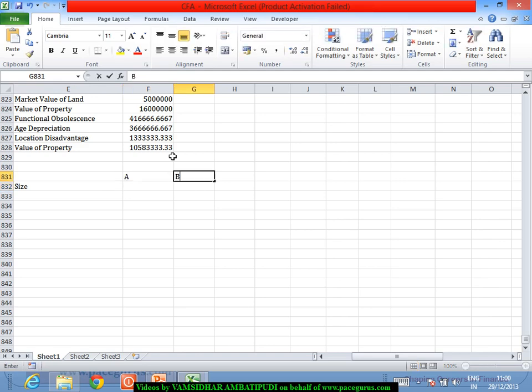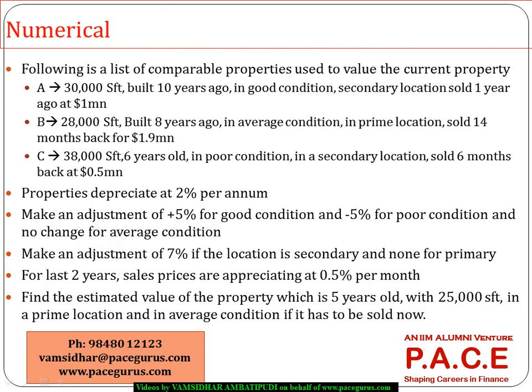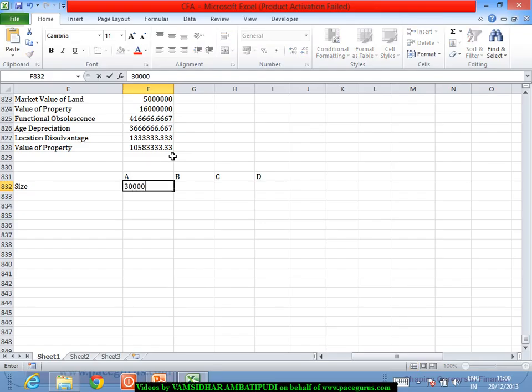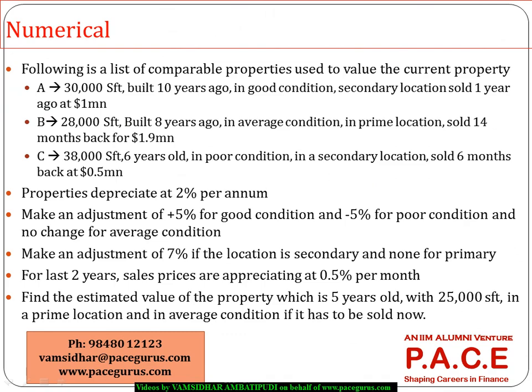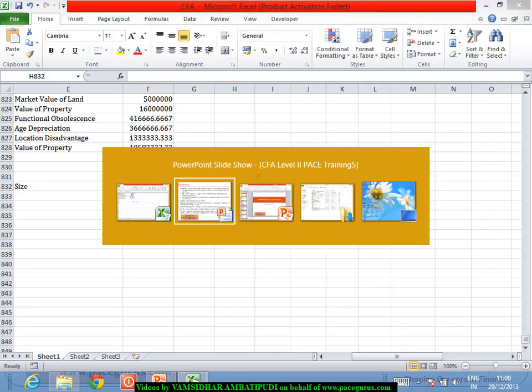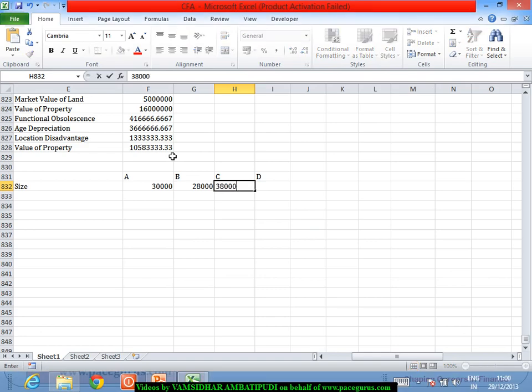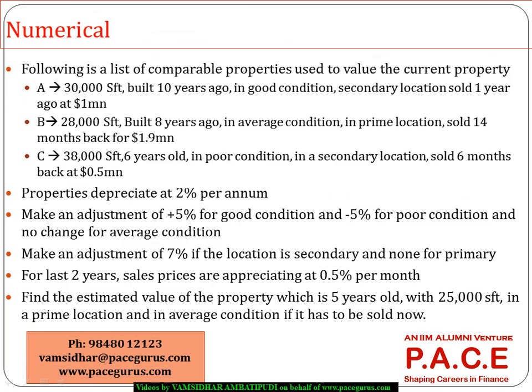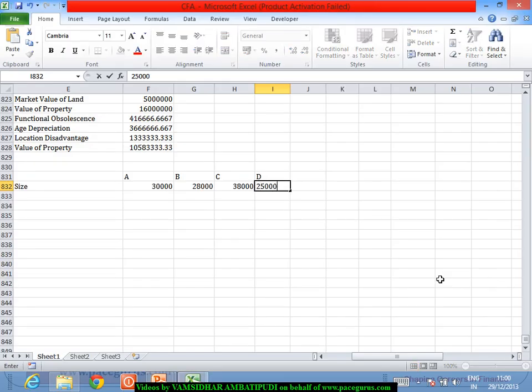I'll take A, B, C and D, which is what we are looking at. 30,000 SFT is for A, 28,000 is for B, 38,000 SFT is for C, and D, which I am more interested in from my valuation standpoint, has 25,000 SFT of space.